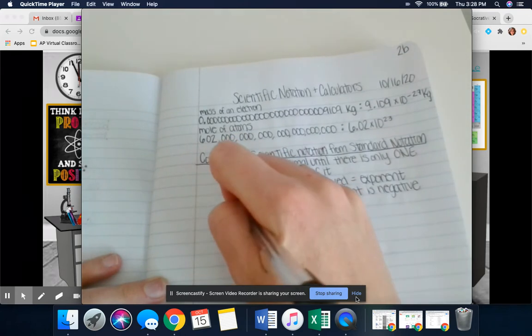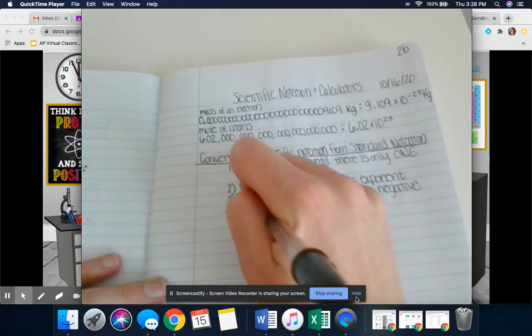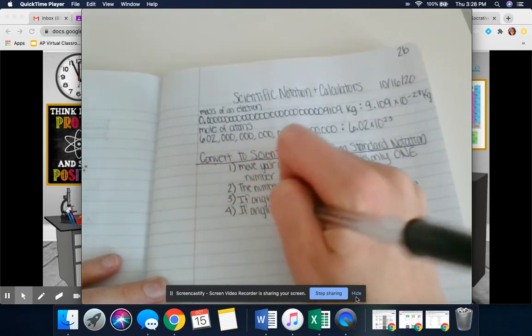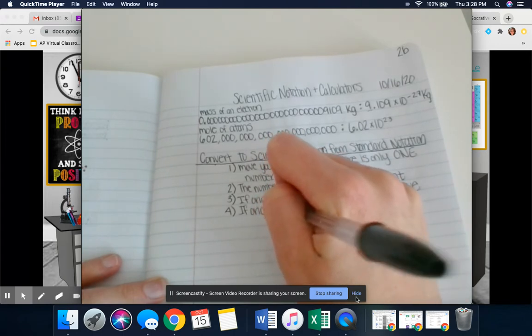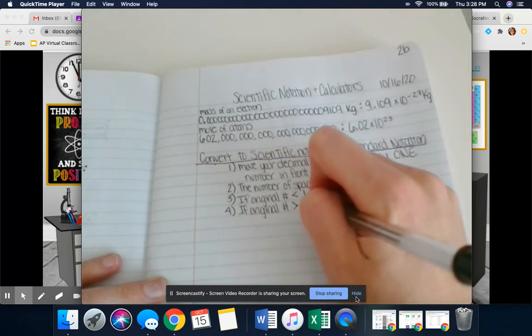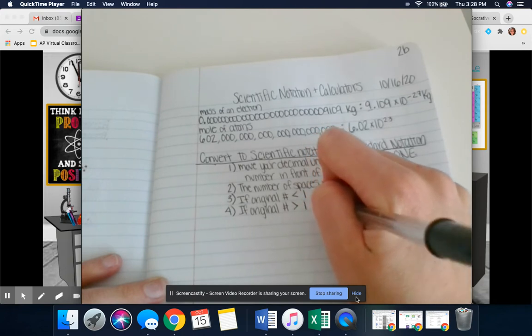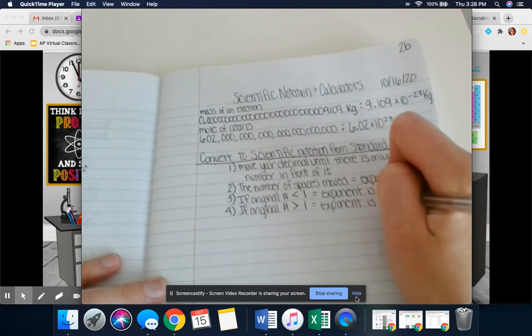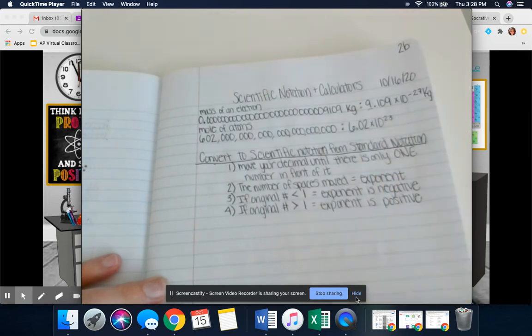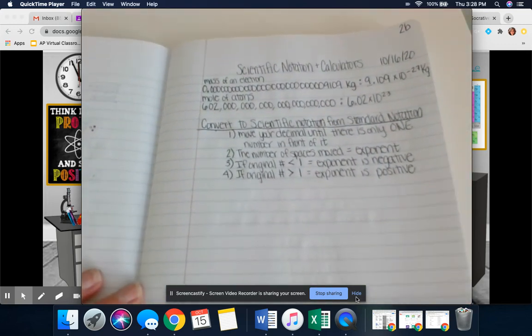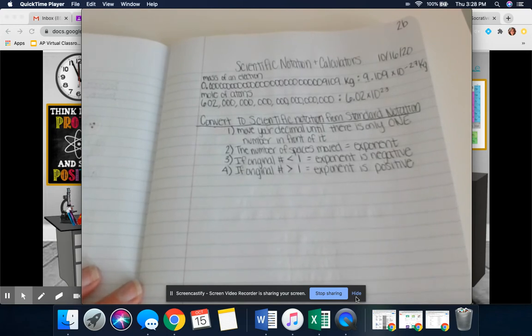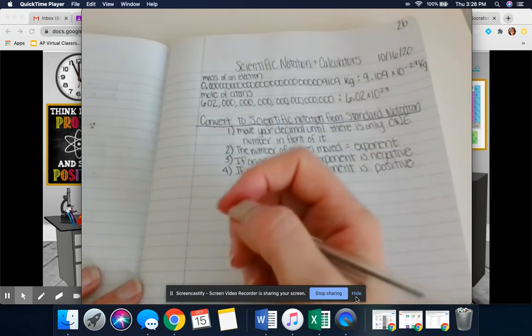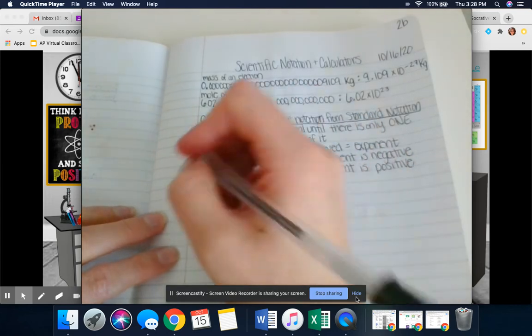Okay, but if the original number is greater than 1, then that means your exponent stays positive. Okay. Hopefully for most of you guys, this is a review and you're thinking easy peasy lemon squeezy. If you're not thinking that, don't worry. We're going to go through it a few times today to make sure you got it on lock, like I said.